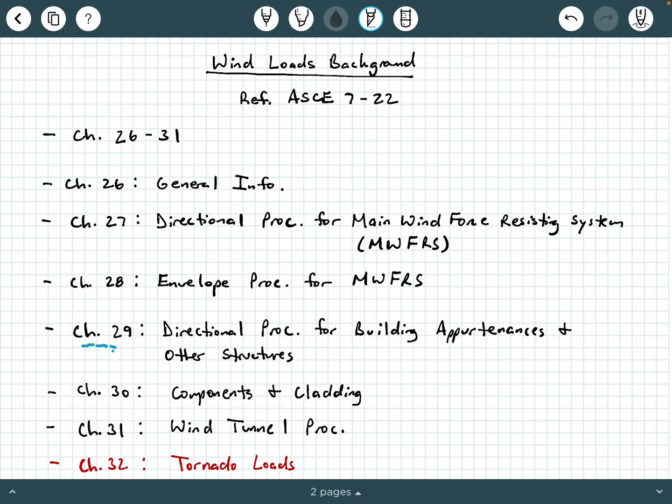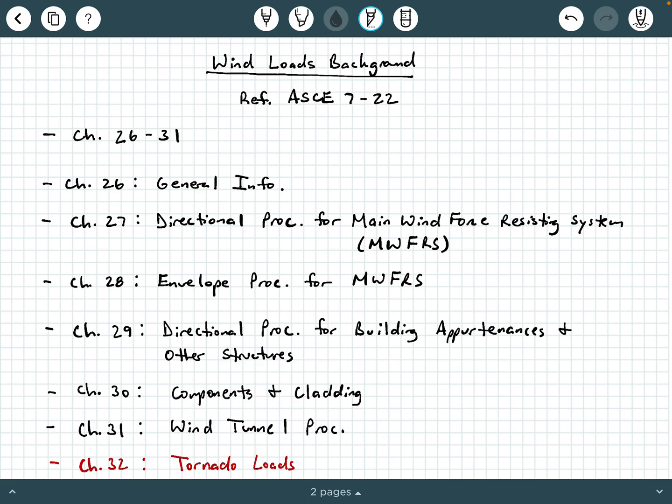Now, when we get to chapter 29, this is a different kind of directional procedure. So the underlying theory behind what happens in 29 is very similar to what's happening in 28, except this directional procedure that's summarized in chapter 29 is for building appurtenances and other structures, okay? Now, what do we mean by building appurtenances and other structures?